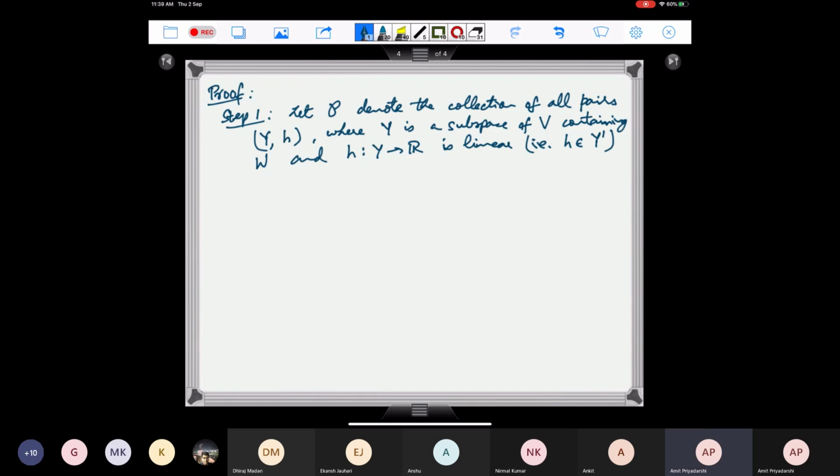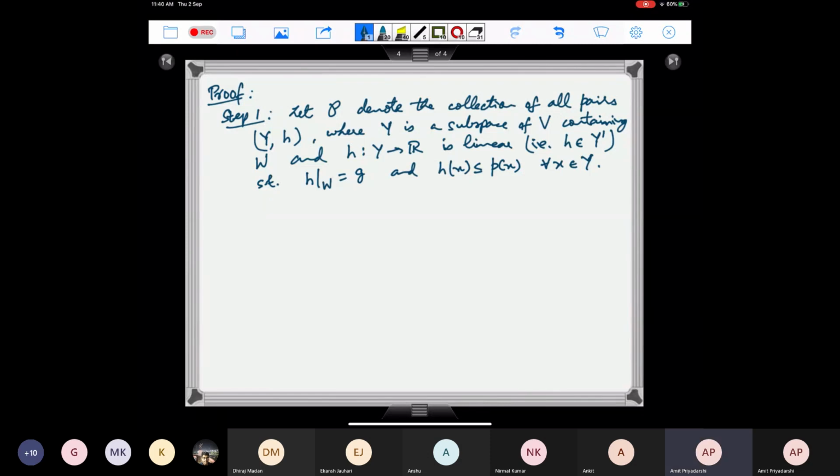Right. So P consists of all subspaces containing W together with a linear functional on that Y. So Y is a subspace containing W, H is linear, such that H restricted to W is the same as G, and H of X is less than or equal to P of X for all X belonging to Y. Right.